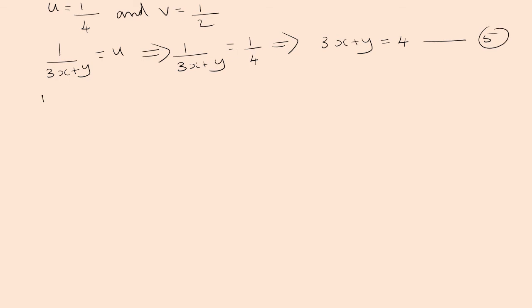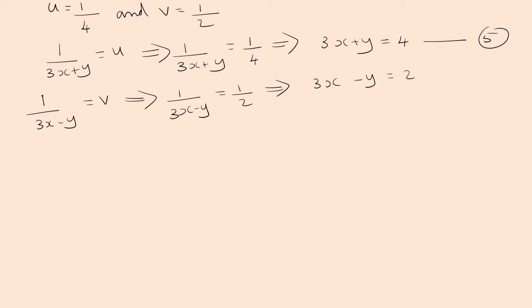Same way, 1 upon 3x minus y equal to v. From that, you will get 1 upon 3x minus y equal to 1 by 2. That is, doing the cross multiplication, you are getting 3x minus y equal to 2. Number this equation as 6.